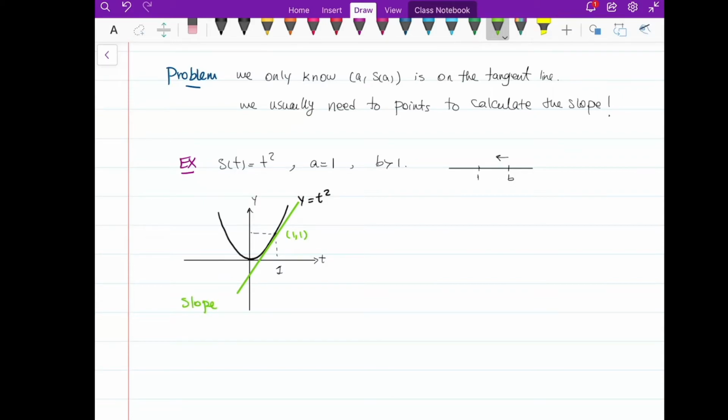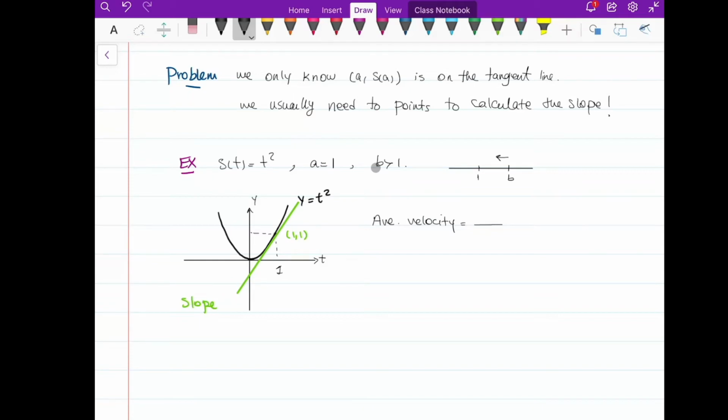And I know that the slope of the tangent line is basically the instantaneous velocity, okay? And what is the procedure? We said that we need to calculate the average velocity first, which is equal to the position at the second point, and the second point is B, minus the position at the first point, which is 1, over the change in time, okay?